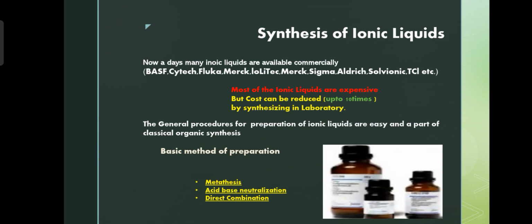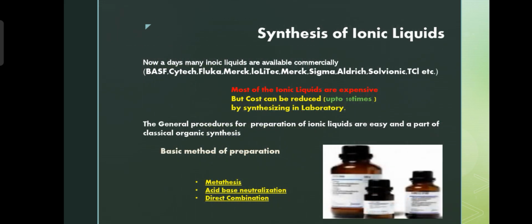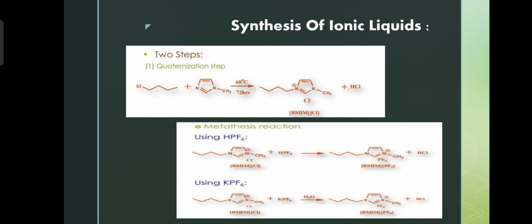And here are the methods of preparation: the metathesis process, acid-base neutralization, and direct combination. The synthesis of an ionic liquid has two steps. The first step that we combine is the quaternization step.